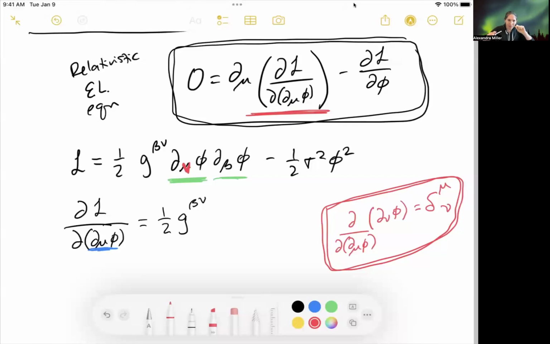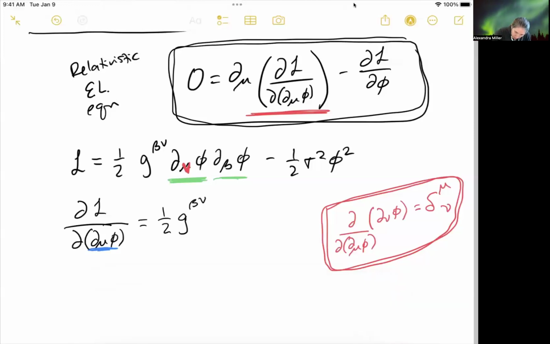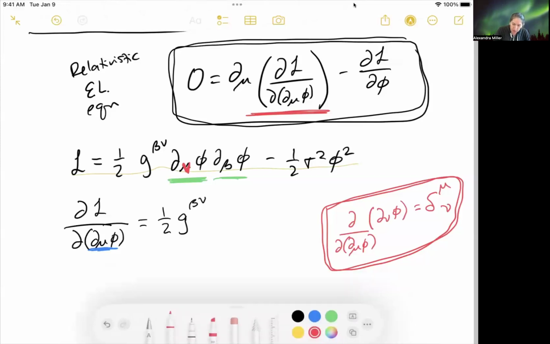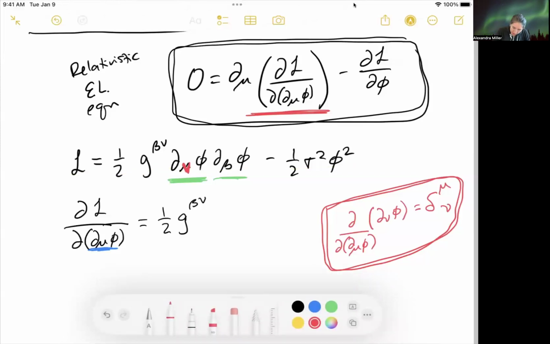Because you only want it to be not zero when these two things agree. And that's what the Kronecker delta does for us. So we're basically going to do a product rule here and first take a derivative with respect to this first guy. And we get our Kronecker delta nu mu. And then the other guy goes along for the ride.